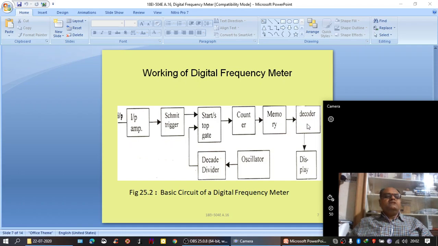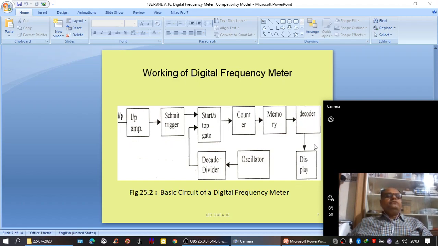The output of that is nothing but the 7-segment display excitation. That is, the output of the decoder will have a stream of 7-segment data: A, B, C, D, E, F, G for one digit, A, B, C, D, E, F, G for another digit, and like that, depending upon the number of active 7-segment displays here.